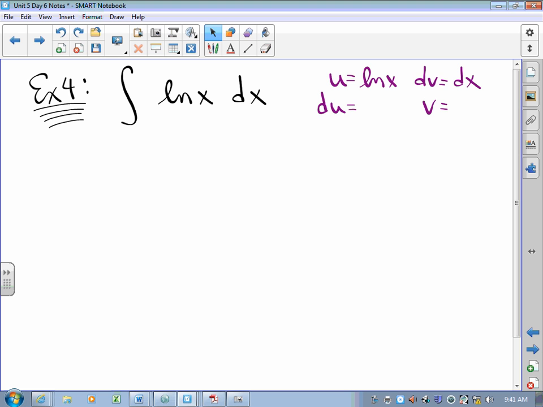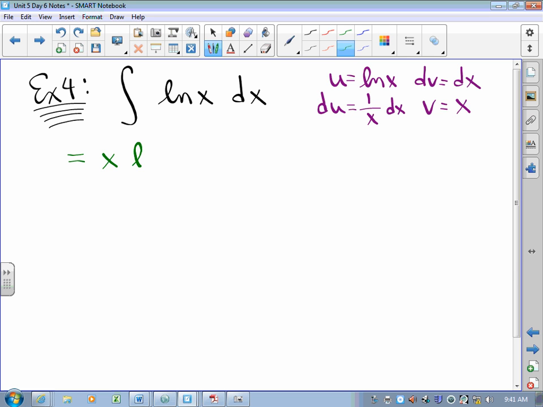What if u is ln x, and then dv would be dx? Well, in that case, the derivative of natural log x is 1 over x. And the antiderivative on the right side, well, that's pretty easy. And so now we're just going to do straight substitution. The integral of u dv is uv minus the integral of, interesting.